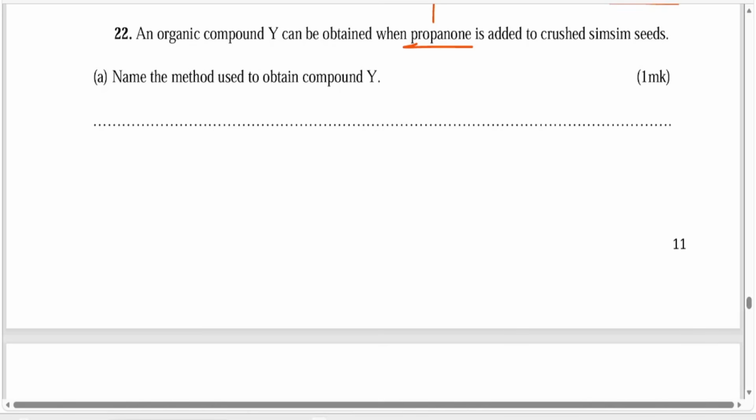The method that we use to do this, we call it solvent extraction. This is the method of extracting substances from fruits, leaves, and other materials. We call it solvent extraction.